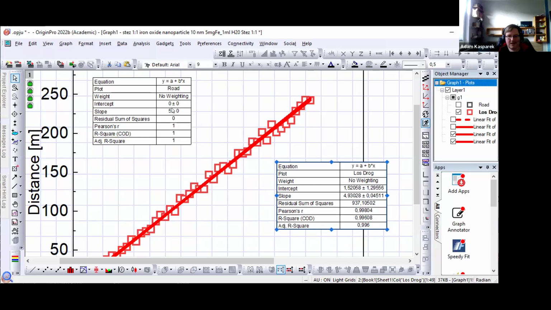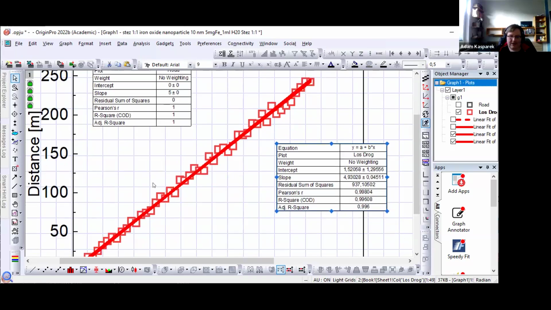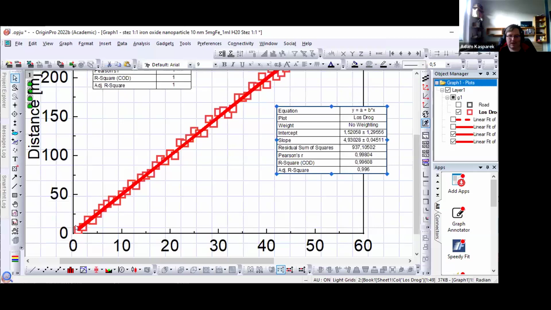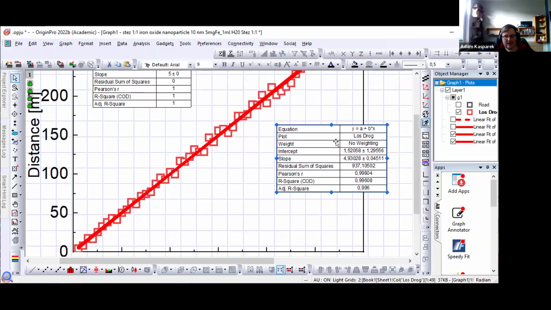Okay, no, I'm sorry. When we look at the results which we got, we see that the slope, the speed, is very similar. But our intercept, which was the starting point of the car, is not 0 in this case.